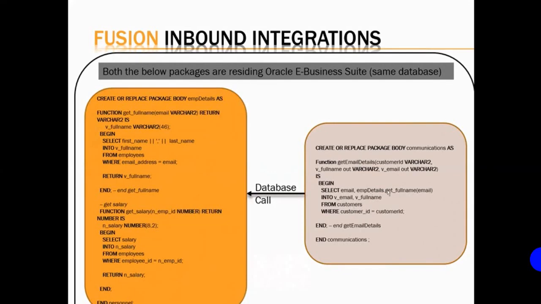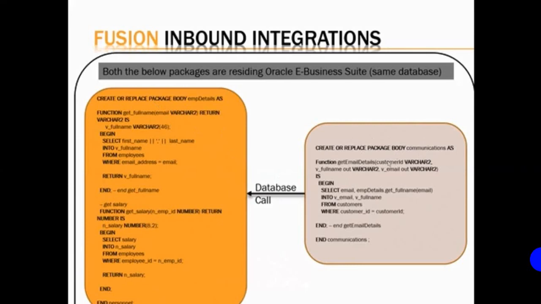It actually calls emp details.get full name by passing the email. It fills the email and the full name from the customer's table into these two out parameters. So typically, this package is calling this package.